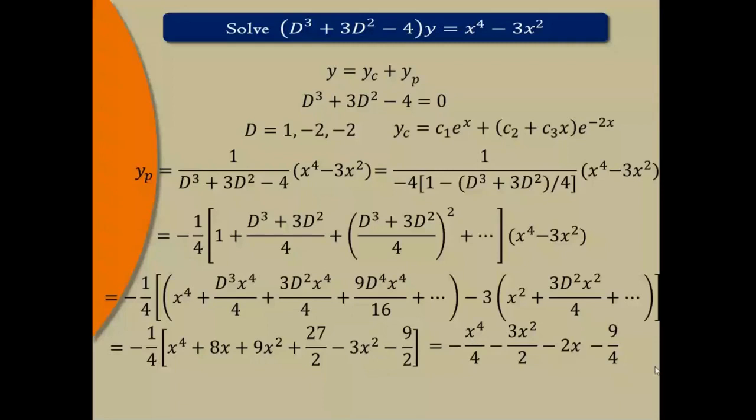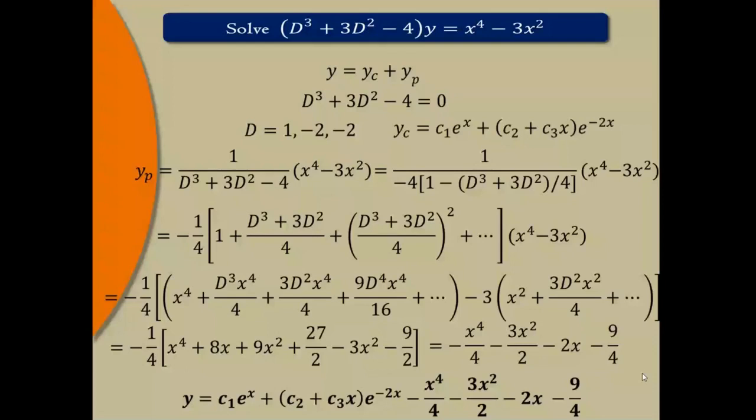So y is equal to C1 e raised to x plus C2 plus C3x e raised to minus 2x, minus x raised to 4 by 4, minus 3x square by 2, minus 2x, minus 9 by 4. That is the solution whenever we have a power of x on the right hand side.